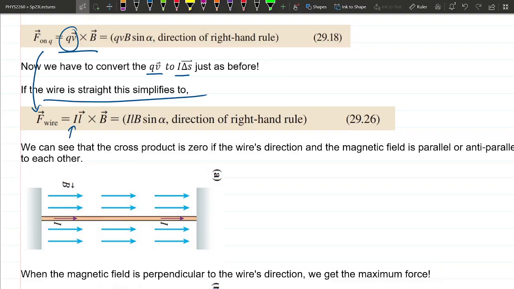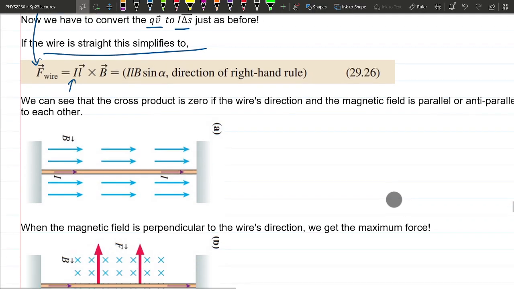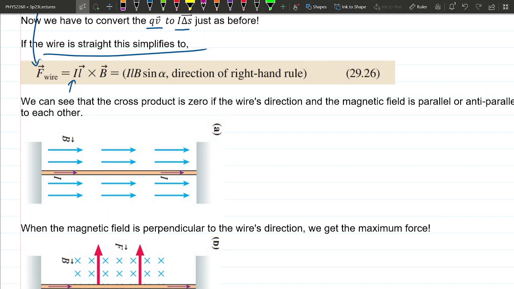So let's take a look at some cases where we have some current going in the wire and some magnetic field. In this case, can we figure out the direction of the magnetic force? If we have L, which is the vector, you use your first finger, your thumb, and then you cross product it with B. But in this case, there's no way for me to cross product it because it's in the same direction.